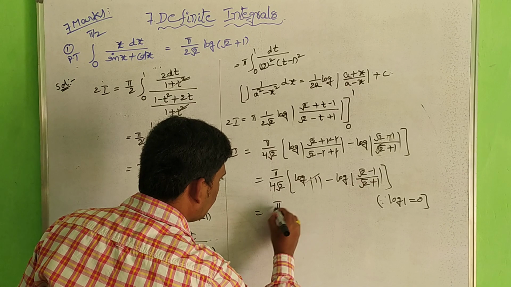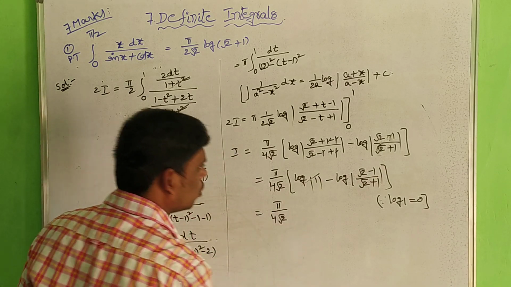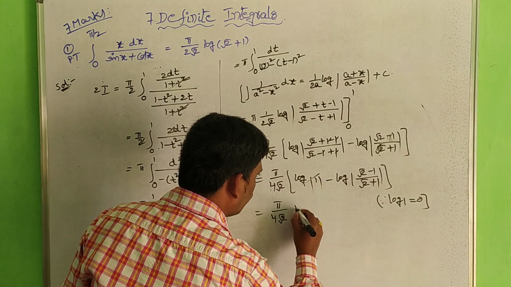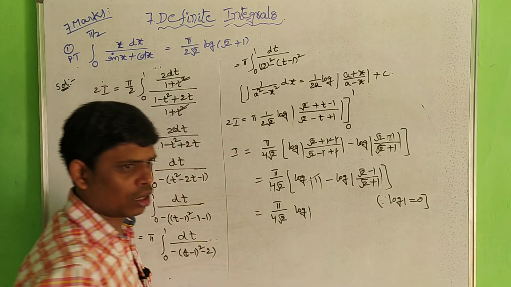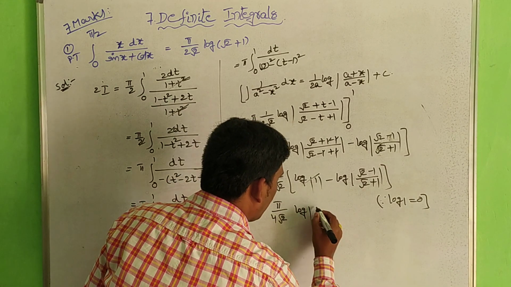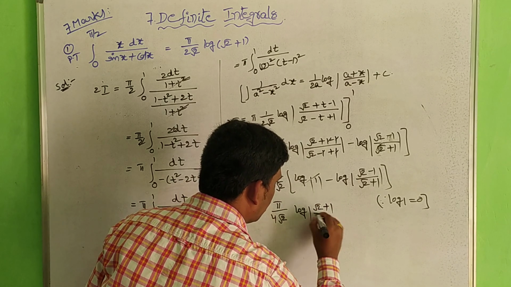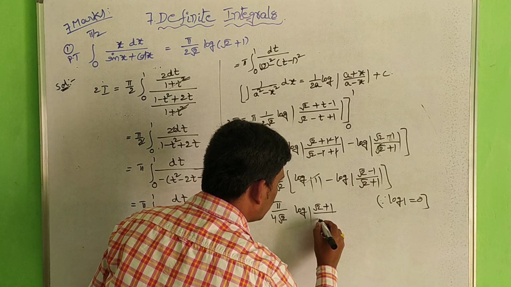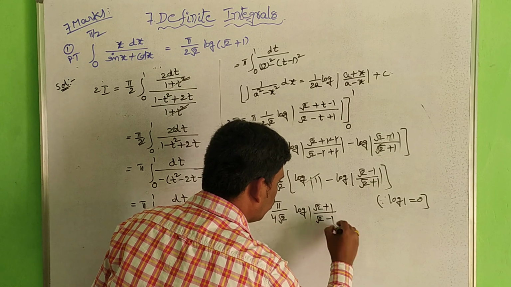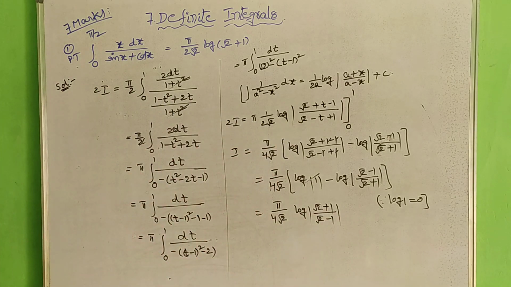Next, pi by 4 root 2 log of, the minus is cancelled, so the fraction is reversed. The reciprocal of this fraction is root 2 plus 1 by root 2 minus 1.